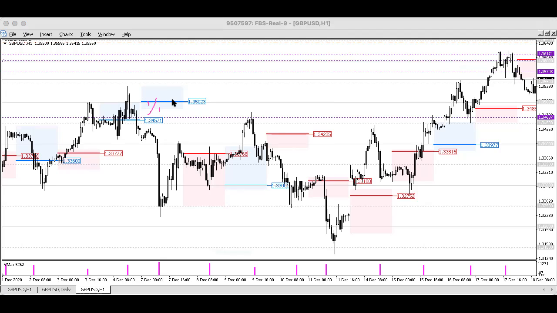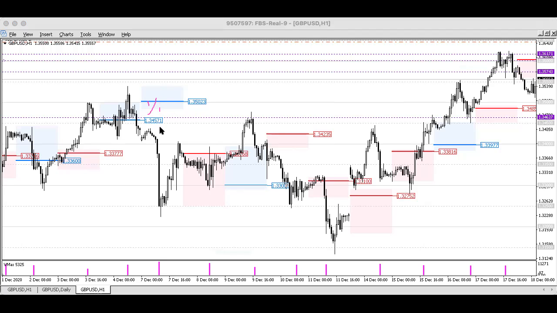Let's take for instance, these colors are not the colors that you see, whether blue or red. They're just the volume and the zones. So what's happening is when prices are beyond, whether below or above the zones or the price, they tend to continue that move.